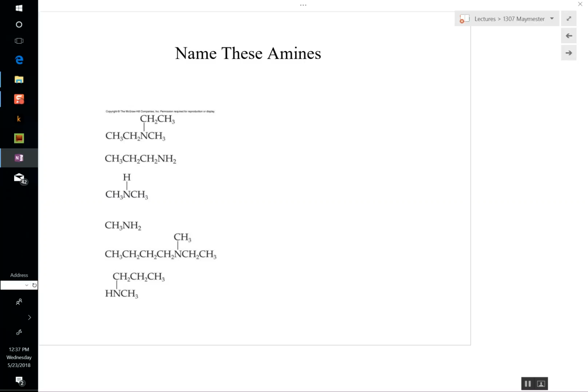Dimeth... Only got one carbon in it, so that wouldn't be the main chain. That's all right. That's good.